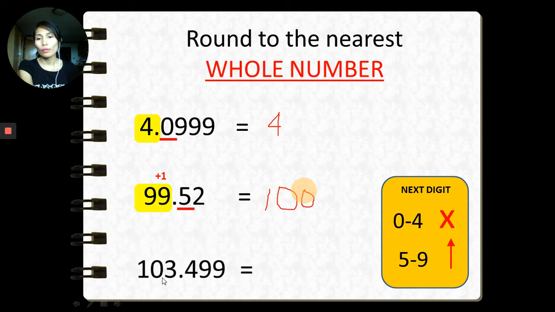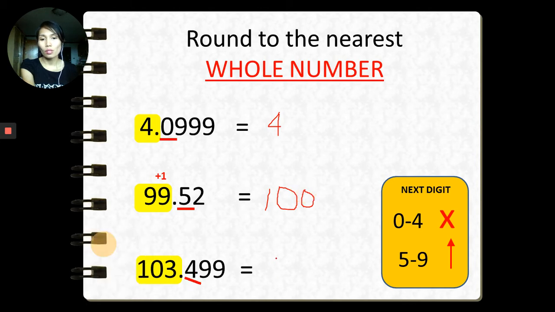How about 103.499? The whole number here is 103. Now, are we going to round up or round down? Based on the next digit, it's 4. So we have to round it down, or we don't do anything with the whole number.